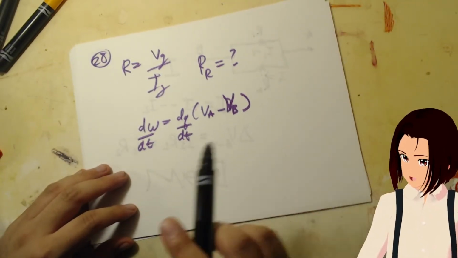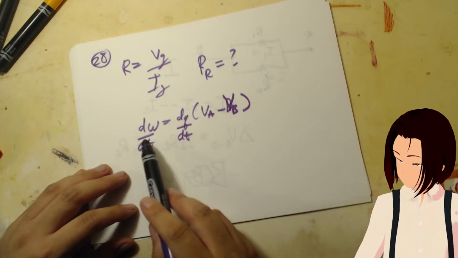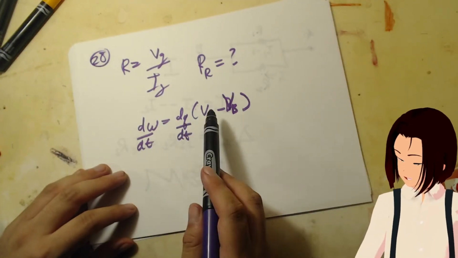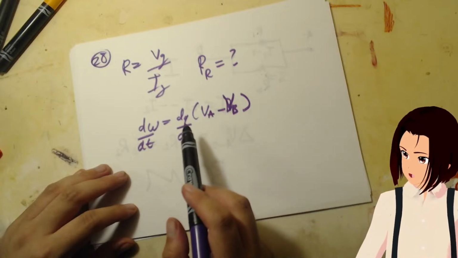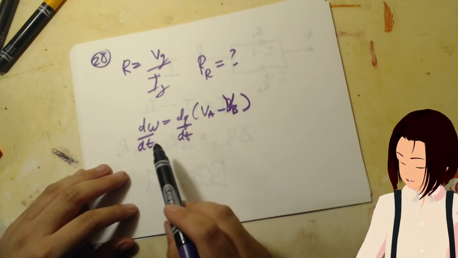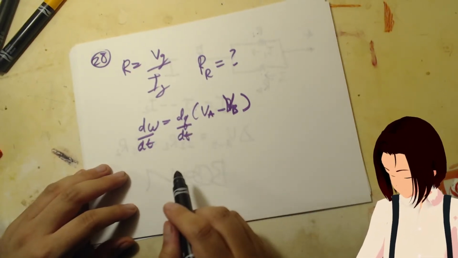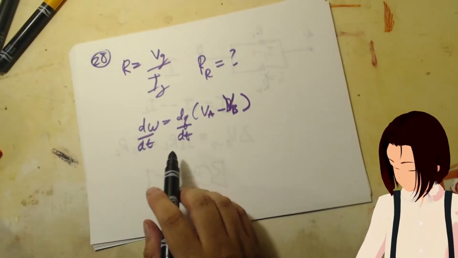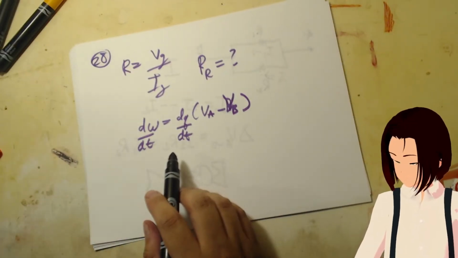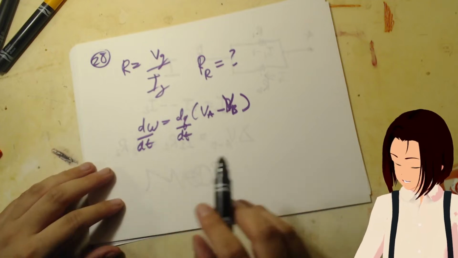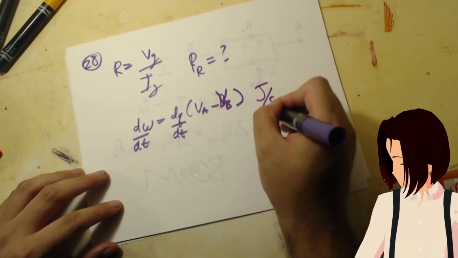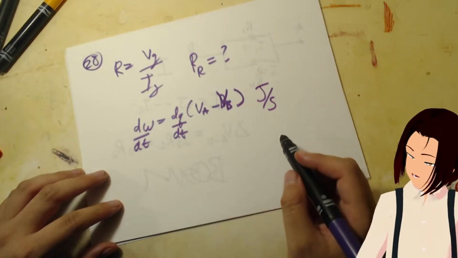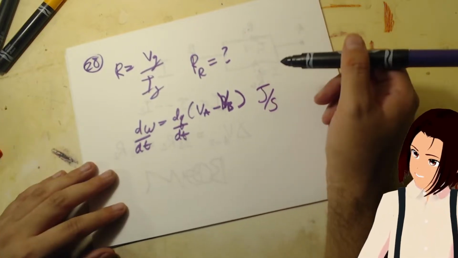So the work is the charge times the potential difference. And if we take a derivative of the work as a function of time, we get joules per second, which gives us power. Joules per second is the power.